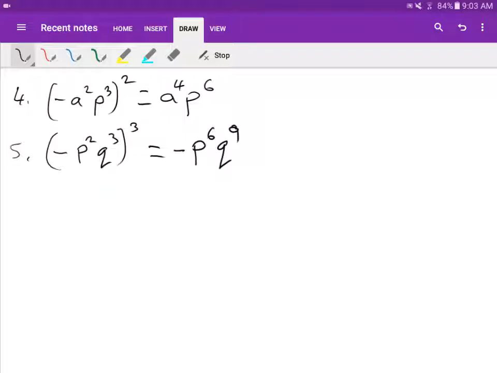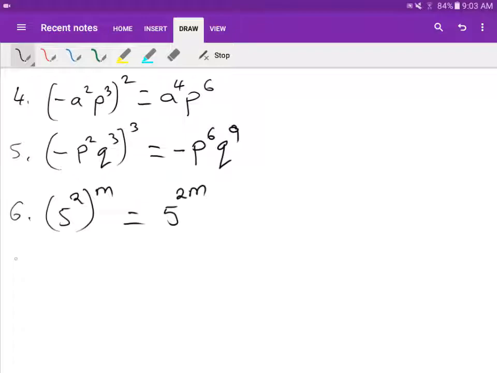Simple. Now, let's add a bit more flavor. Let's say 5 to the power of 2, all to the power of m. So what should it be? See, it's the same thing, except it's a pronumeral, so the same rule applies. You just go 2 times m, 2 times m is 2m. So 5 power of 2m.